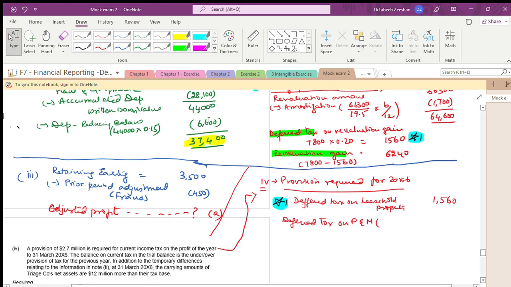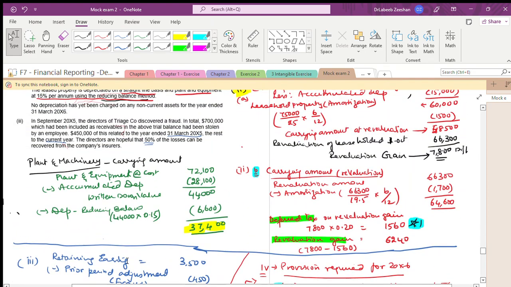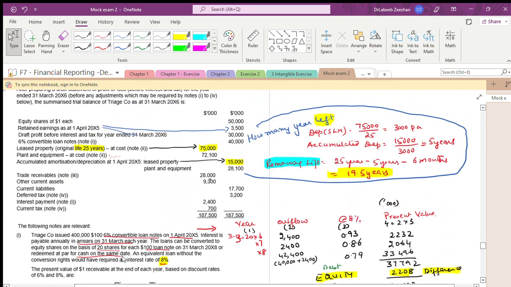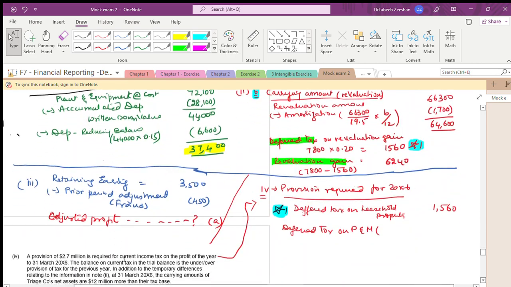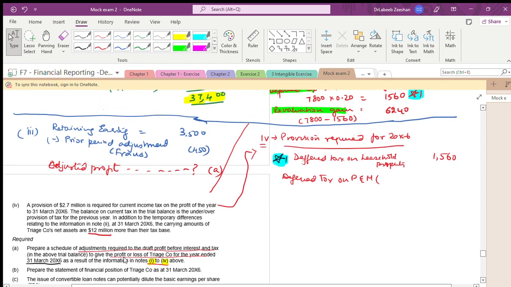How much is the plant and machinery? 12 million, the carrying amount on net assets. One minute. No, not like that.